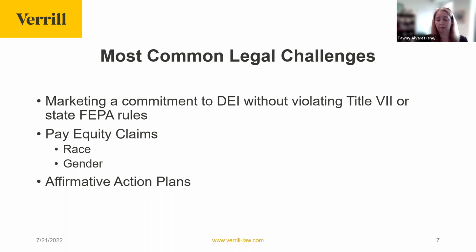The next most common legal challenge is pay equity claims, times in which we see that individuals are being paid more or less as a result of a protected classification. And then finally, affirmative action plans that many organizations are instituting despite not having a legal obligation under OFCCP rules. So let's jump to the next slide.